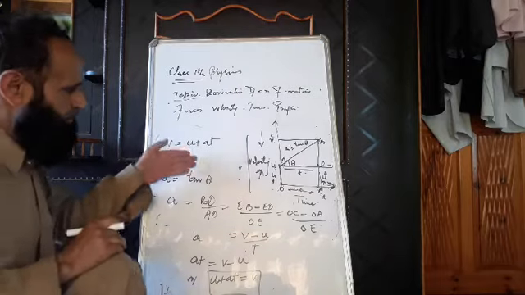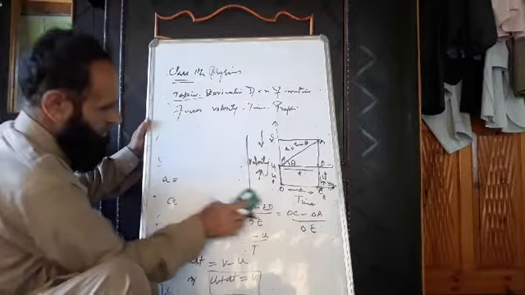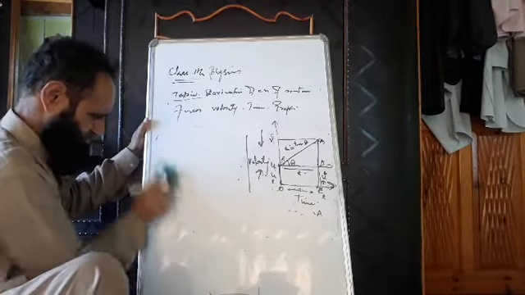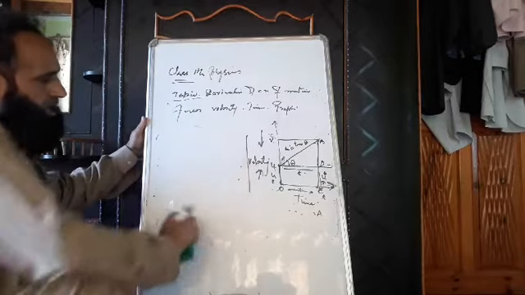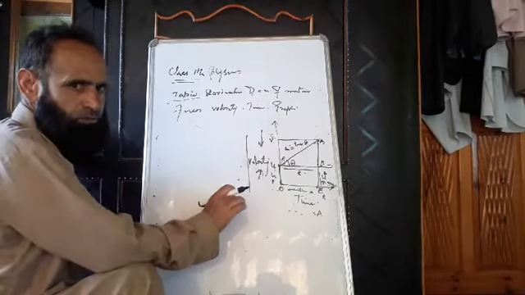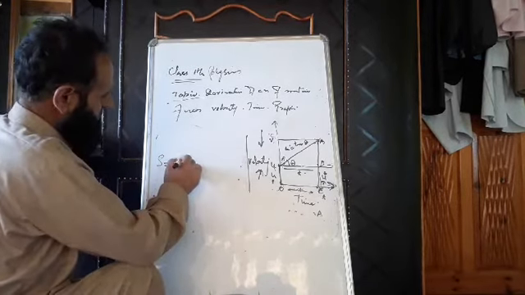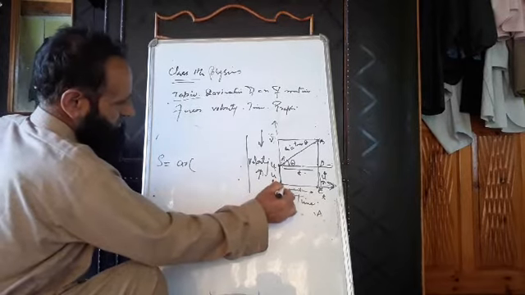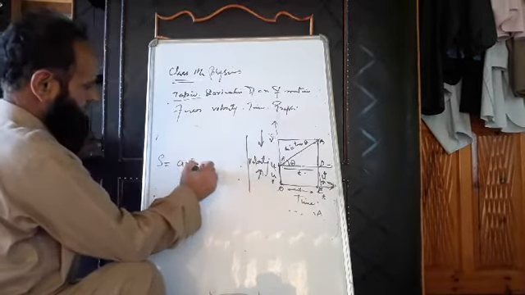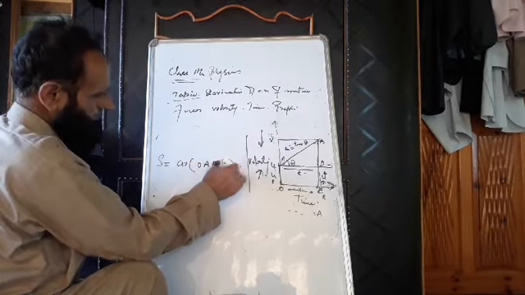Okay, we can find the second equation of motion using the same graph. The distance covered by the body in this velocity time graph is equal to S. That S is equal to the area of the trapezium OABE.